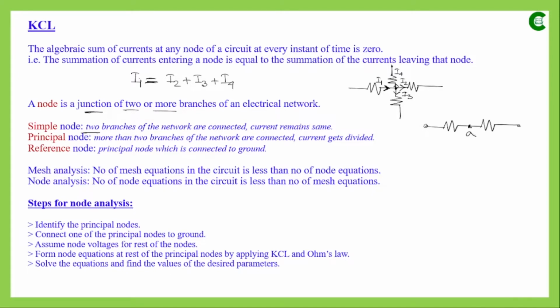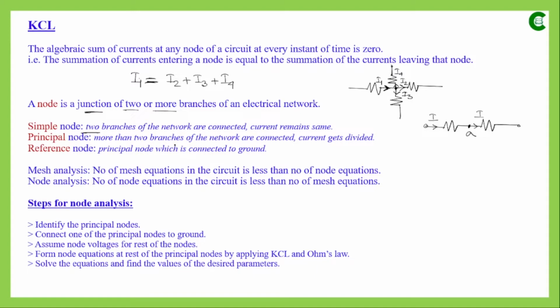So here A is a simple node where only these two resistors are connected, and these two resistors are connected in series. So whatever current flows through the first resistor, the same current flows through the second resistor. So at a simple node, no current gets divided; current remains the same.